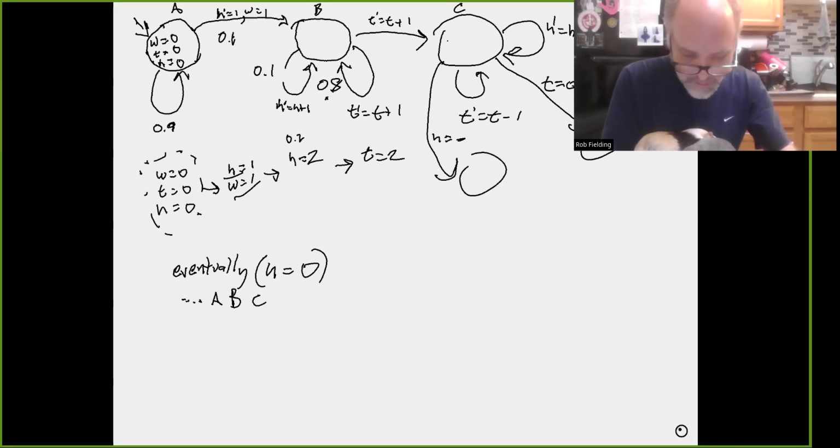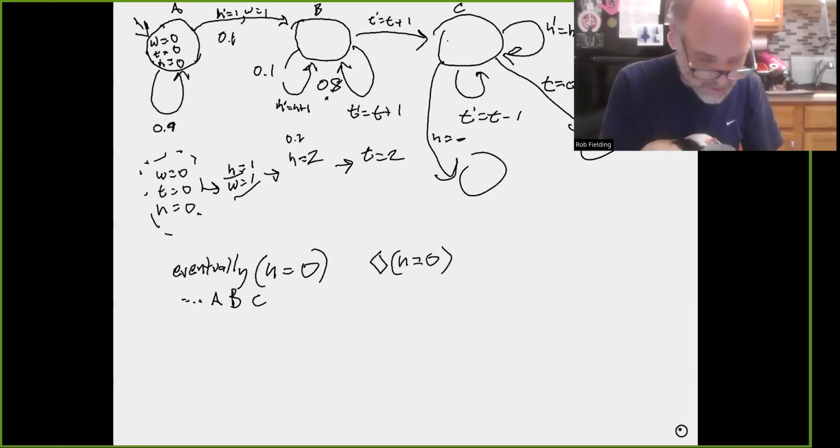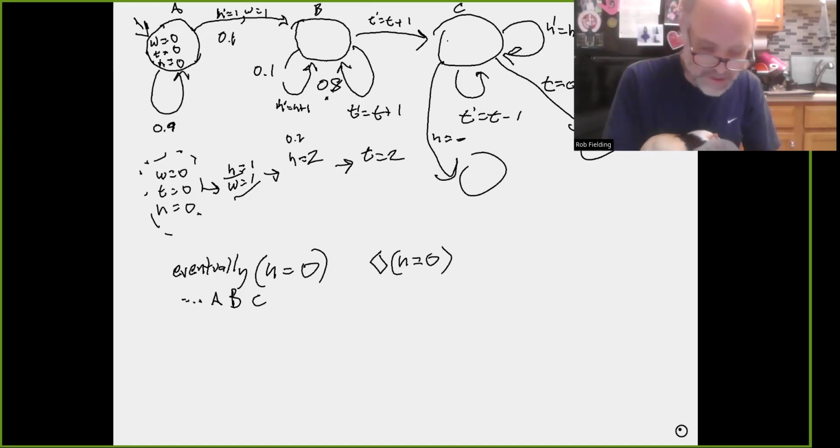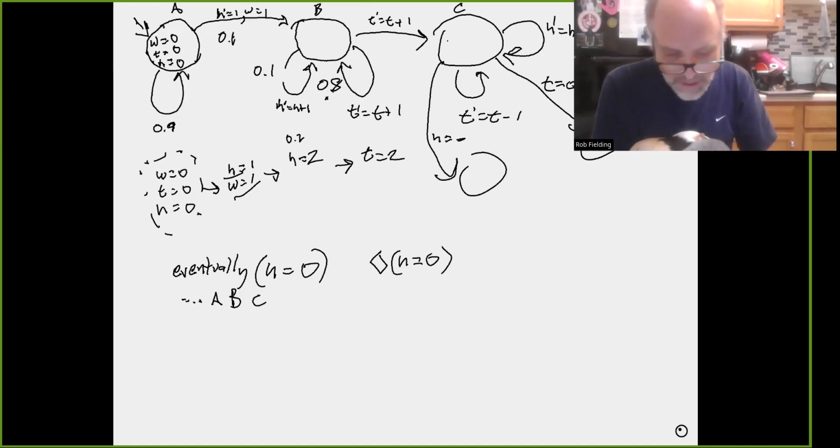The way that we write it in the math would be like a diamond. So diamond H equals 0. And that means that when she's in the initial state A, and then she goes through B a couple times, and her hunger goes up, and her thirst goes up, and then she eventually goes into state C, where she's getting something to drink.